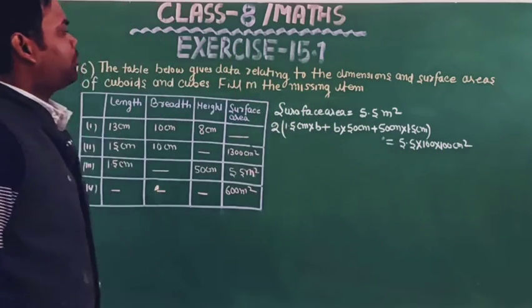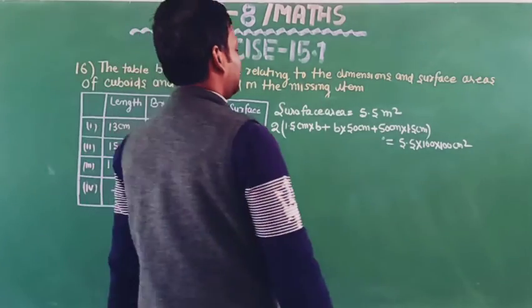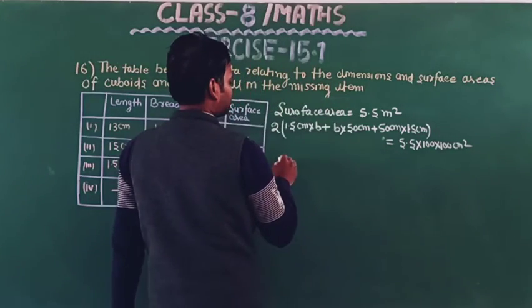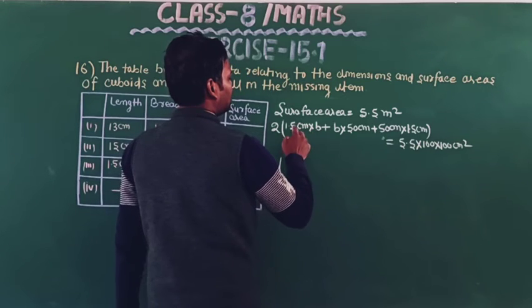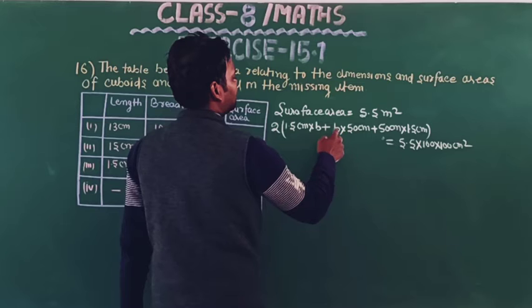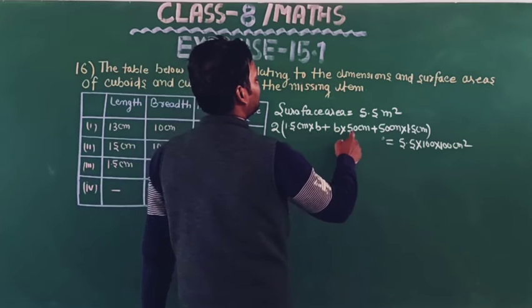Then 5.5 meter square changes into centimeter square. So this is 2 into (1.5 centimeter into B and B into 50).